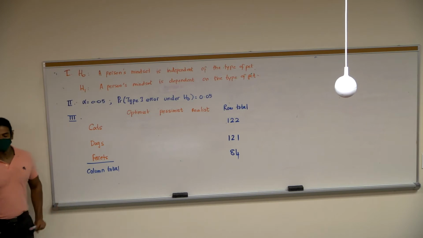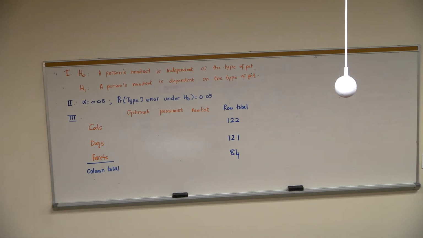We do the same for the column total. It's 112, 182, 186.